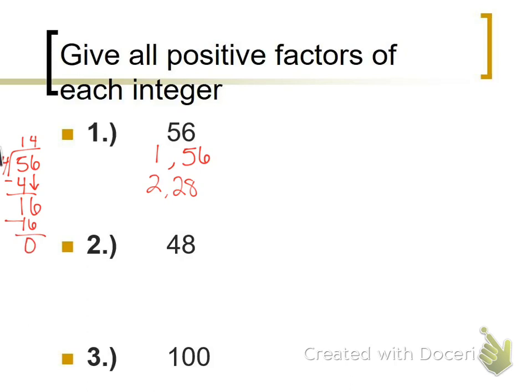So yes, 4 is a factor of 56. It would be 4 times 14. Okay, is 5 a factor? No. What about 6?